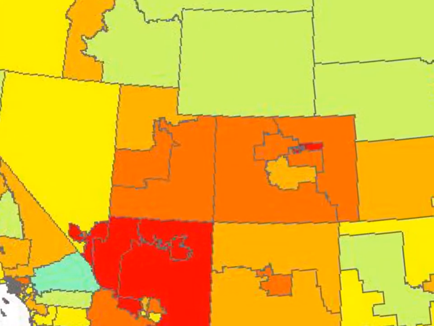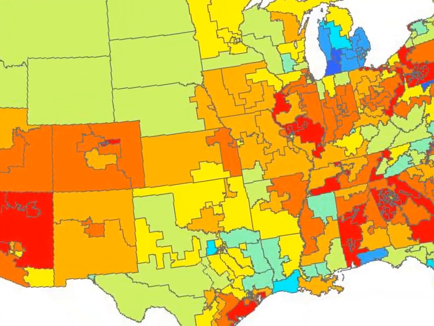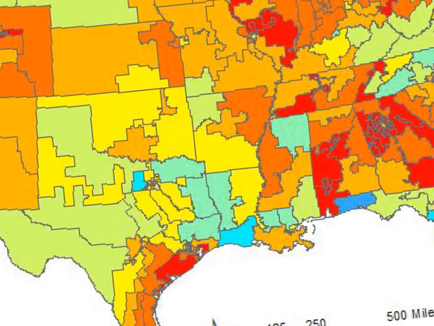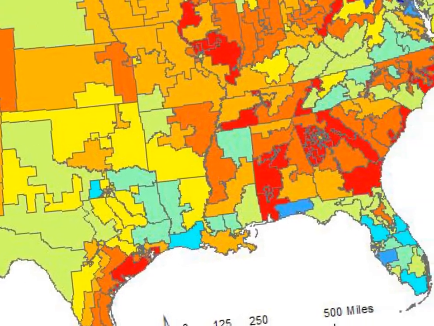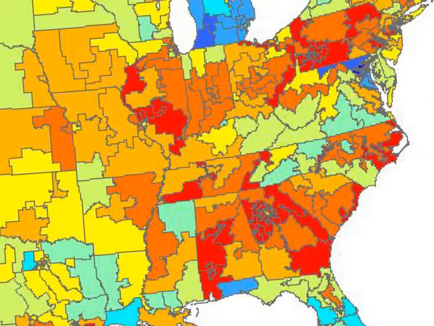As we move across the United States, we see examples in Texas, Oklahoma, Louisiana, definitely here in the South. All these places in Georgia, in the Carolinas, in Virginia. We see examples of gerrymandering everywhere.